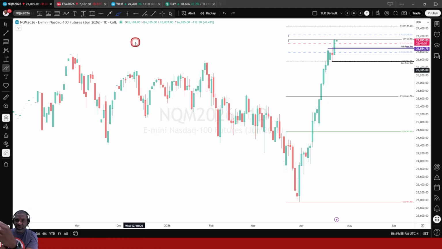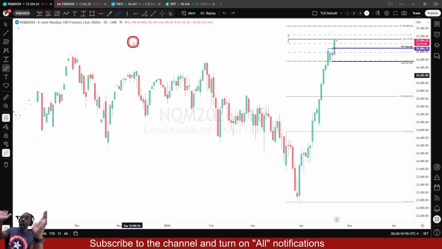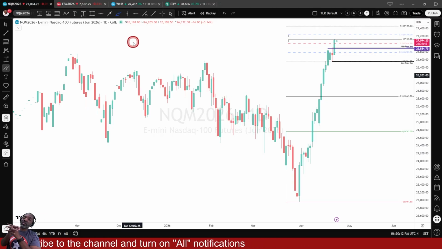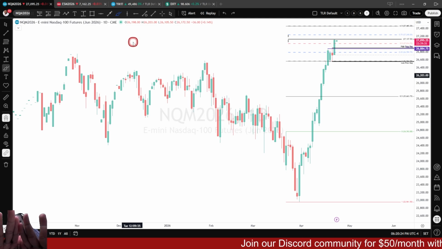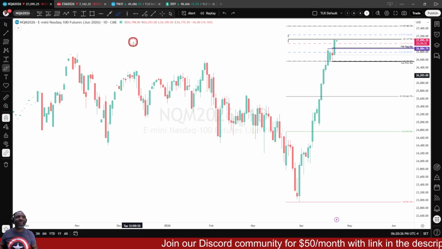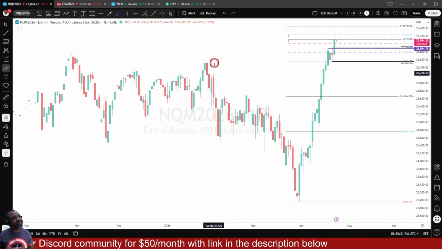You never try to pick the top or bottom because Phil will keep driving that thing. When you feel like it's totally irrational and it's got to turn around now, Phil will push it a little bit further. He'll push it a little bit further.